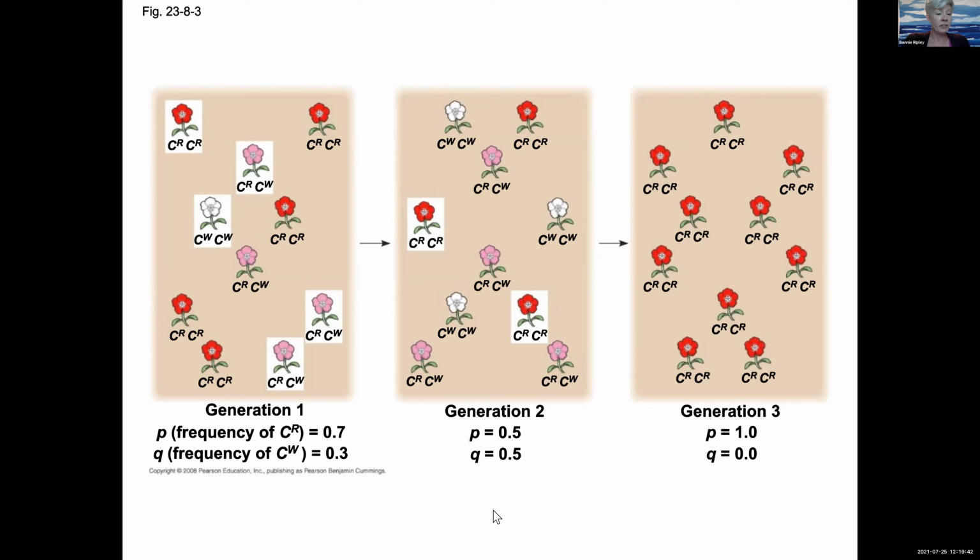It doesn't mean you didn't flip it right. That's how probability works, right? If you flipped it 10,000 times, you should get really close to the true frequency. But if you only flip it 5 or 10 times, you may get something that's very different from what we would think of as the true proportion, right? So this example is showing one of the ways that allele frequencies can change, and it's called genetic drift.